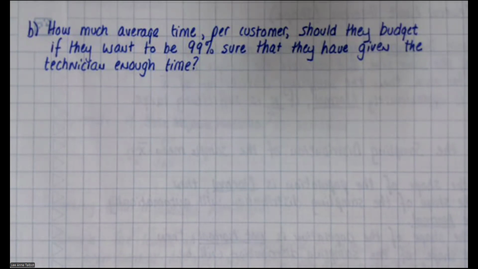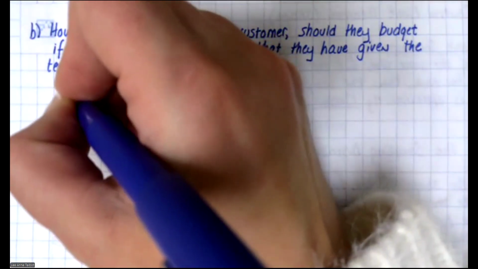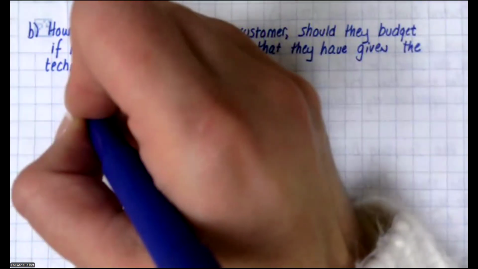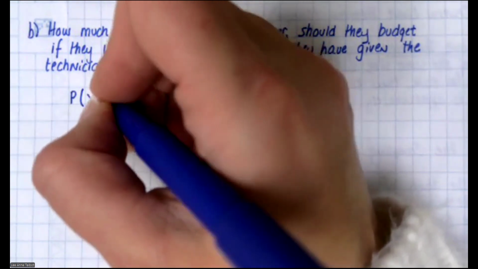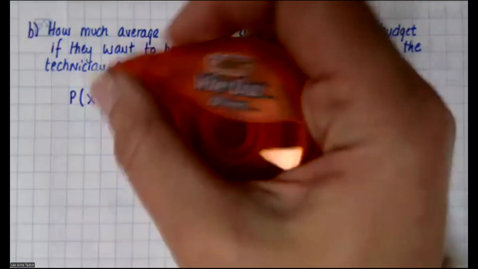Okay. How much average time per customer should they budget if they want to be 99% sure that they've given the technician enough time? So we're going to say the probability that X is less than or equal to something, and I want to put a question mark there.